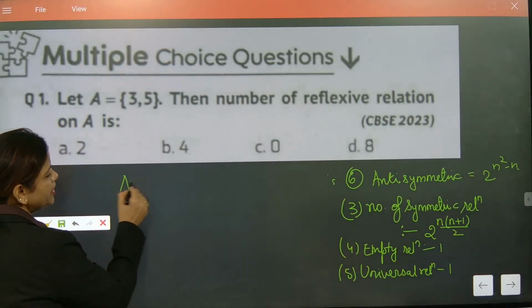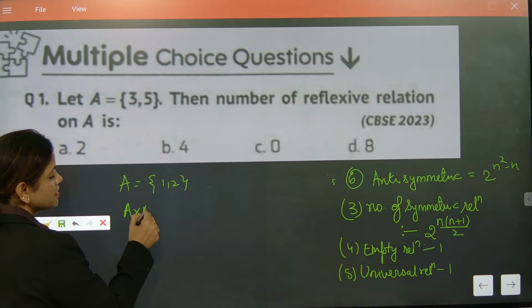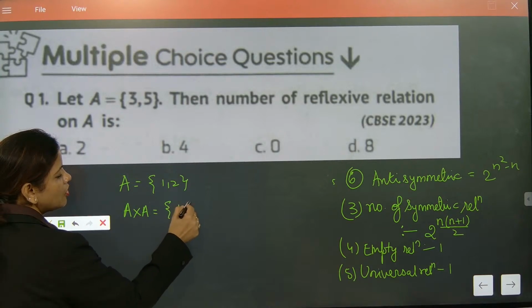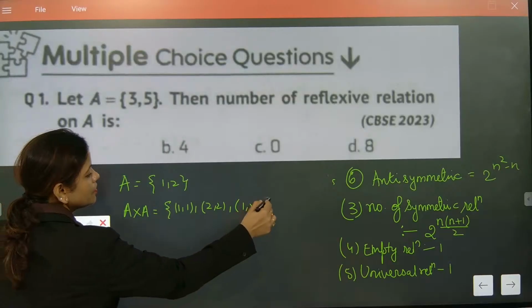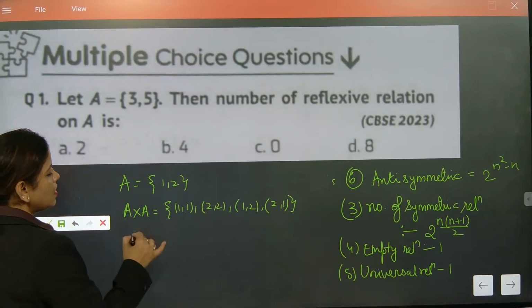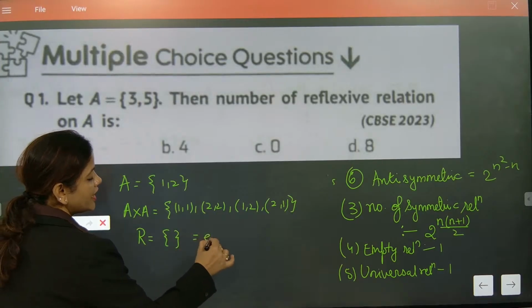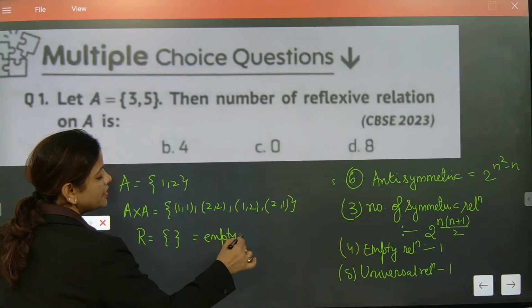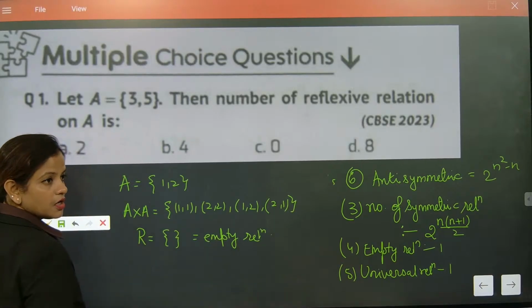Now look at this. Beta, A is having two elements, 1 comma 2. Then what will be A cross A? It will be 1 comma 1, 2 comma 2, 1 comma 2 and 2 comma 1. If a relation is not having any elements, it is called an empty relation.